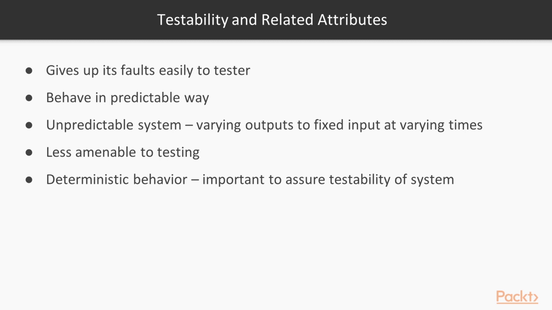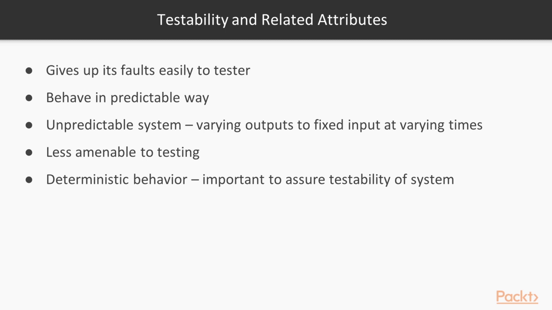A software system is testable if it gives up its faults easily to the tester. Not only that, the system should behave in a predictable way for the tester to develop useful tests. An unpredictable system would give varying outputs to a fixed input at varying times, hence, is not testable or very useful for that matter.